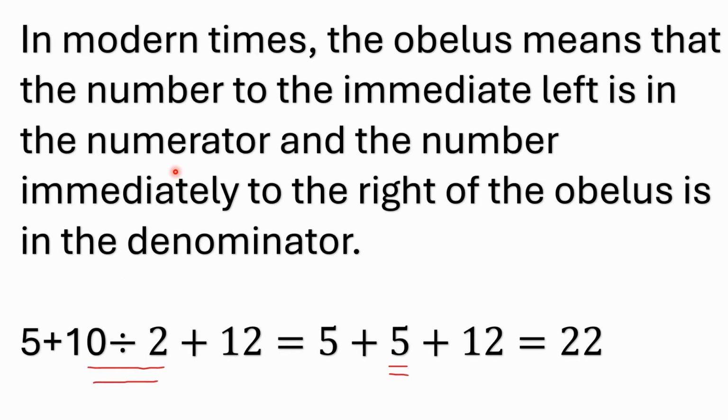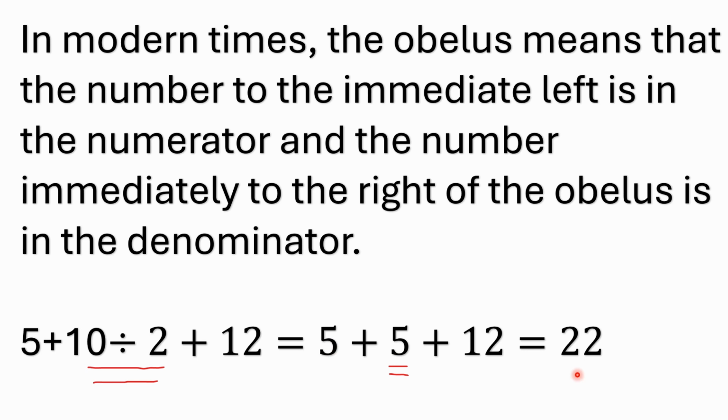In modern times, though, the obelus generally means that the number to the immediate left is in the numerator, and the number immediately to the right of the obelus is in the denominator. So, in other words, if you have a problem like 5 plus 10 divided by 2 plus 12, you look at the obelus and you're really just looking at the 10 and the 2. 10 divided by 2 is 5, so this would simplify to 5 plus 5 plus 12.